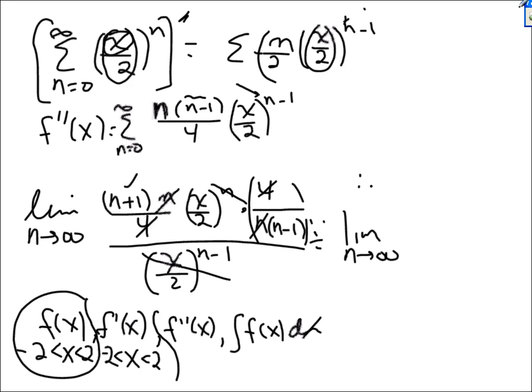So we're left with n plus 1 over n minus 1 times the x over 2.